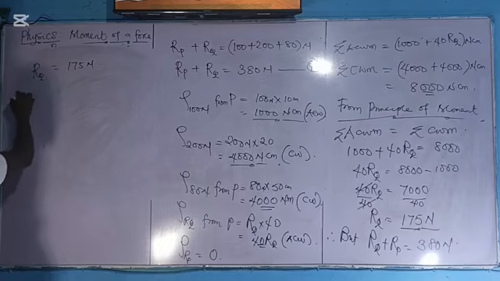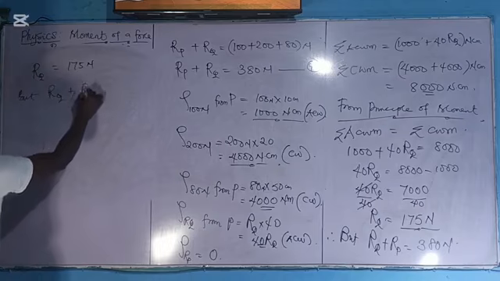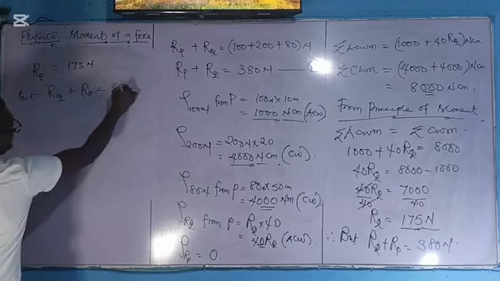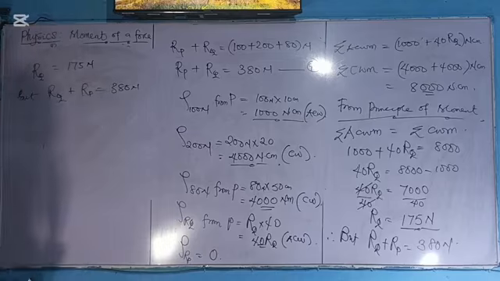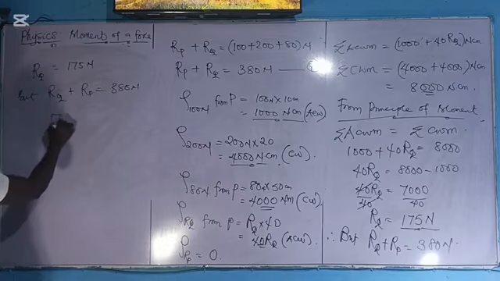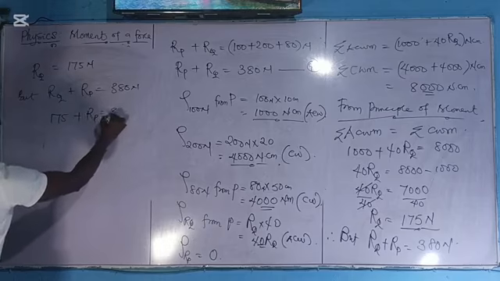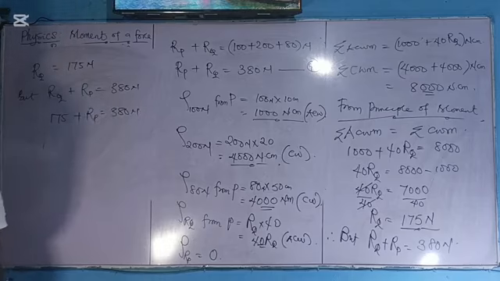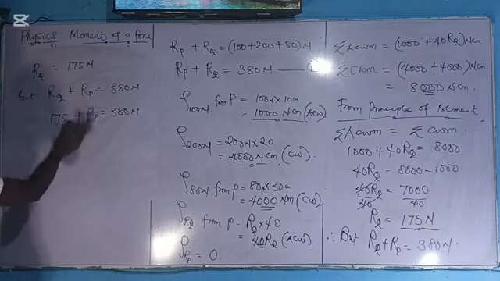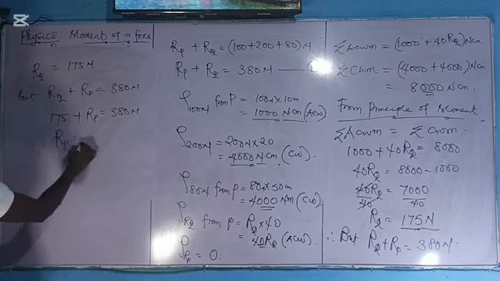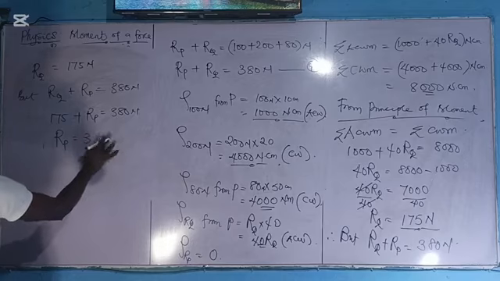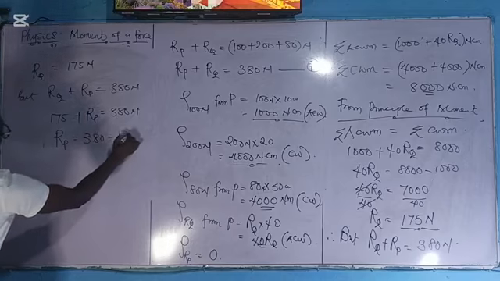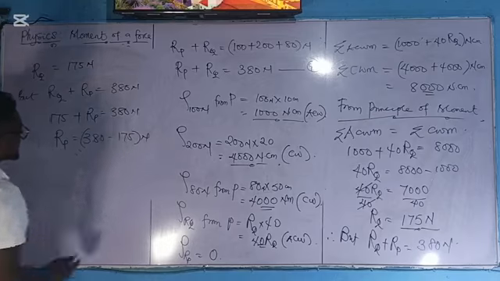Where we said that RQ plus RP is equal to 380 Newton. Now, if we do the substitution, RQ, we substitute here 175, then RP, which is equal to 380 Newton. Now, 175 should cross the equality side. We have 380 minus 175 Newton.